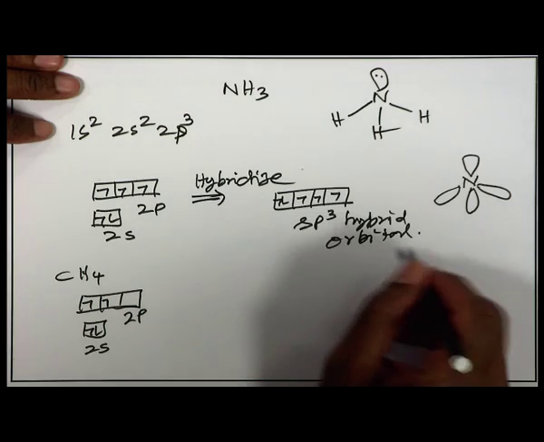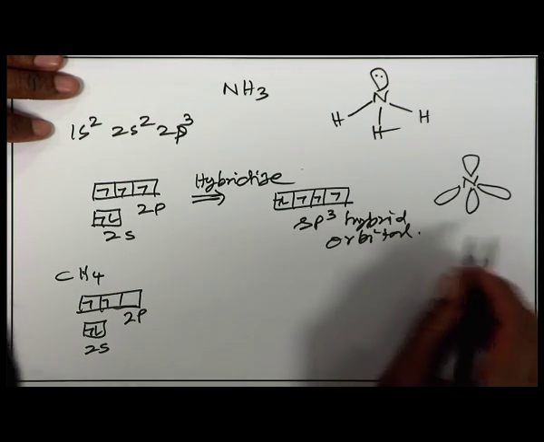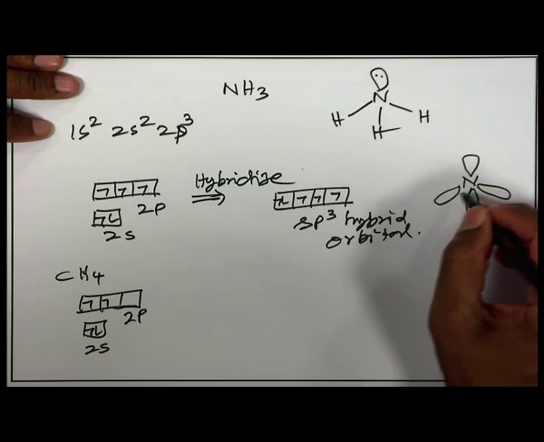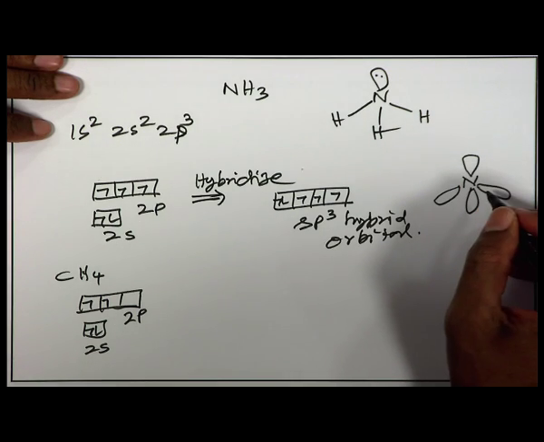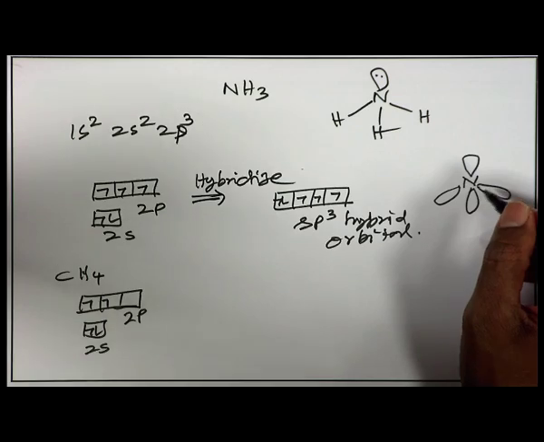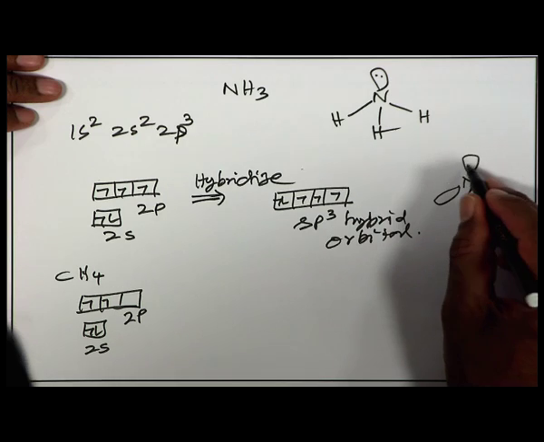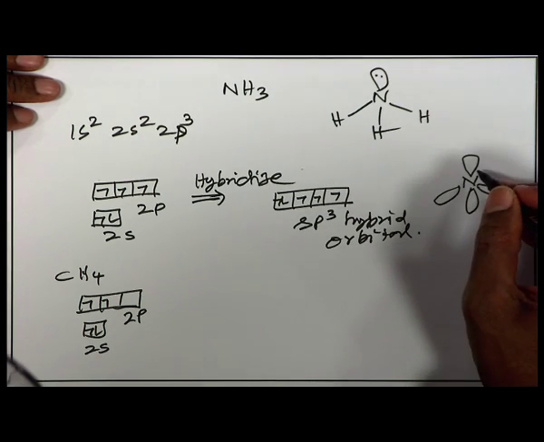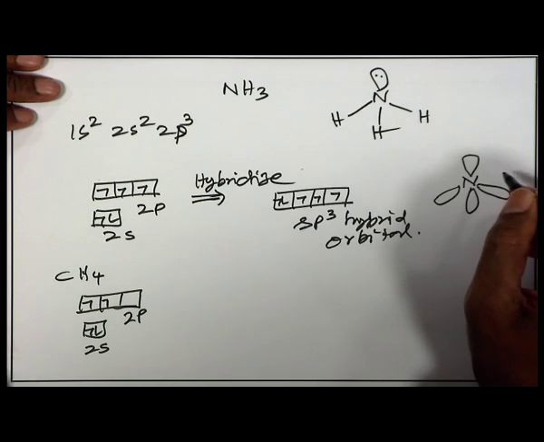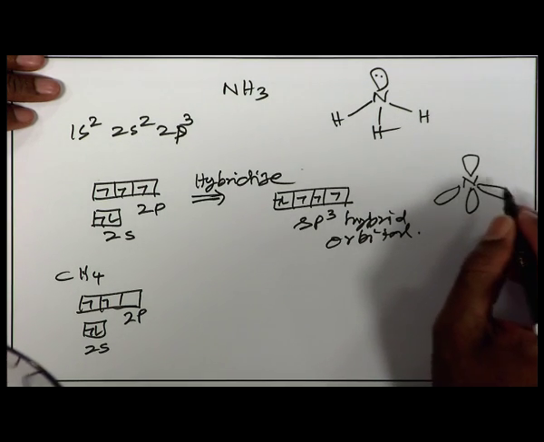Because it is sp3 hybridized, the geometry is tetrahedral. So, you have to draw the hybridized orbitals in a tetrahedral arrangement, so that these are the lobes of the sp3 hybridized orbitals pointed towards the corners of a tetrahedron. This one is available for forming a bond.